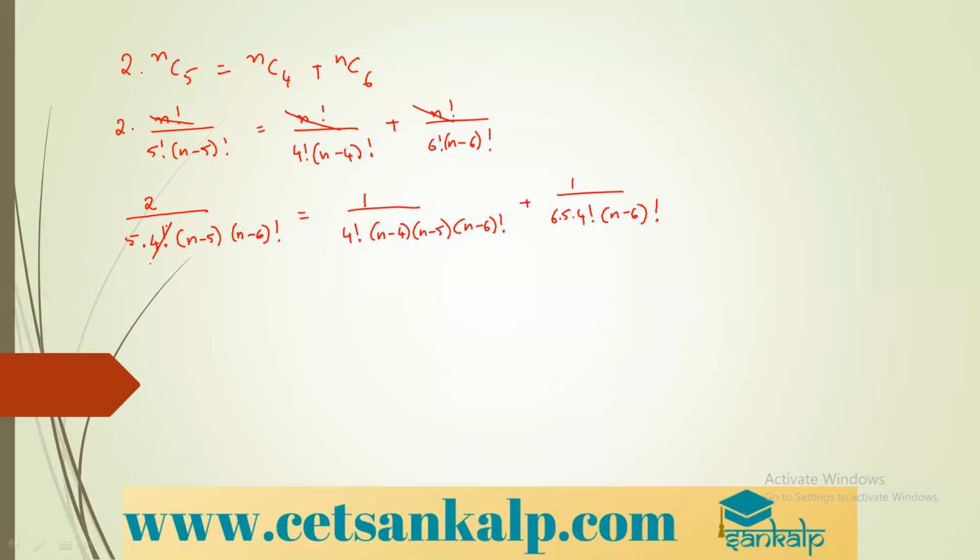So that I can cancel 4 factorial everywhere and I can cancel (n minus 6) factorial also everywhere.